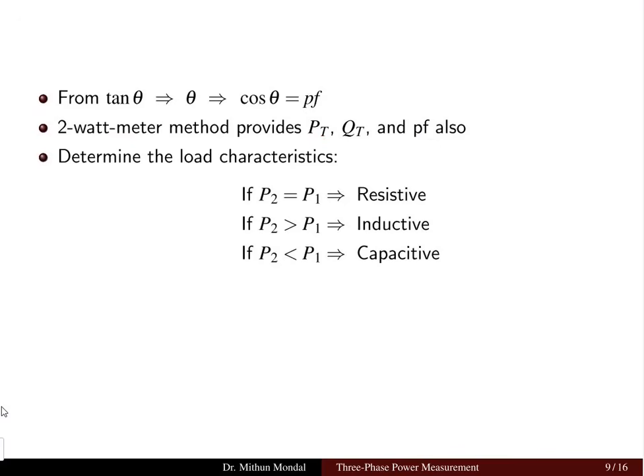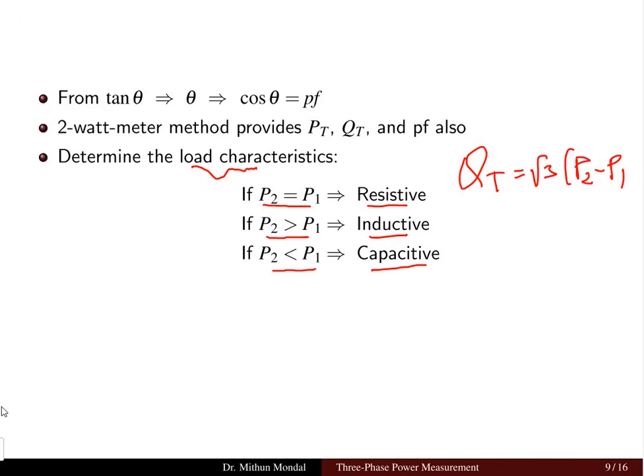We can also determine the load characteristic. So if P2 is equal to P1, we can say that the load is resistive in nature. If P2 is greater than P1, we can say the load is inductive in nature. And if P2 is less than P1, we can say that it is capacitive in nature. The reason is the reactive power Qt is equal to root 3 times P2 minus P1.